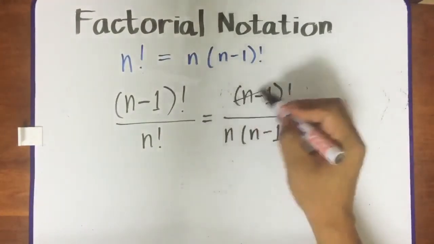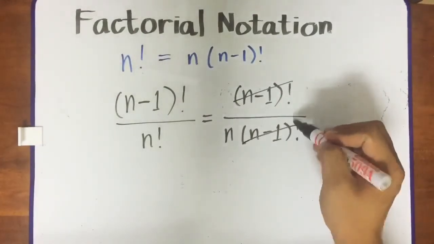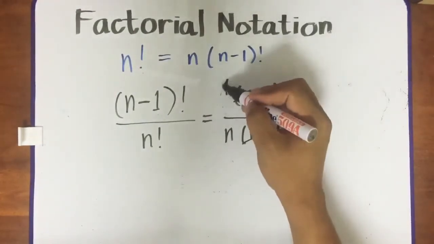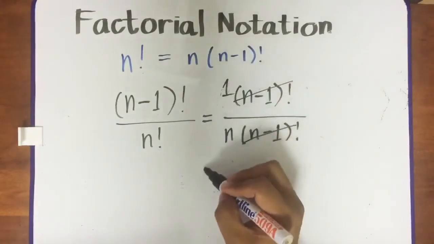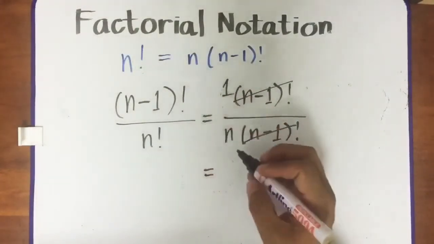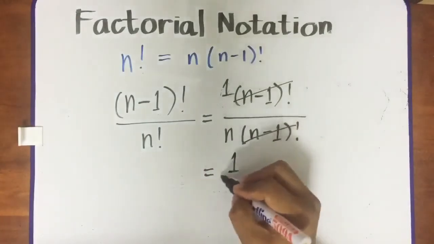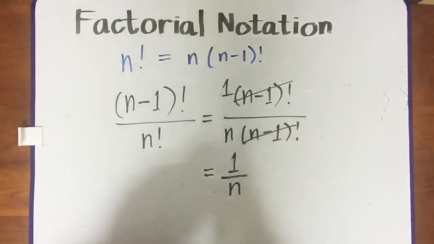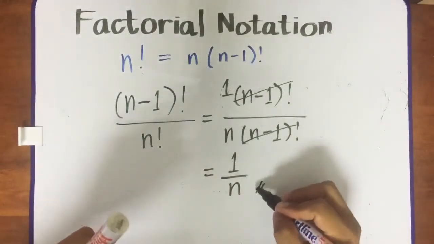Thus, I can cancel out this and this. We'll leave behind 1 on the numerator. So the value of n minus 1 factorial divided by n factorial is 1 divided by n. Okay, so this is the answer.